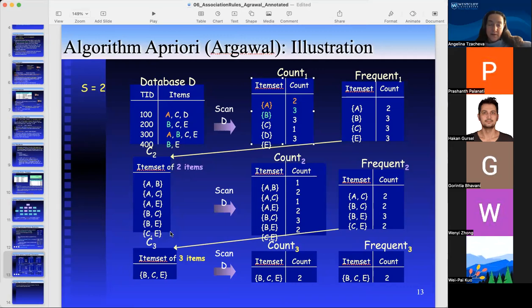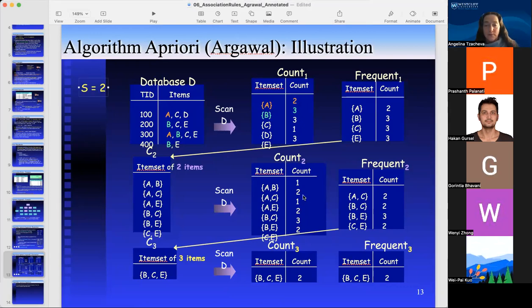The same thing: we look for the frequent patterns here. How many times did A and B occur together? 1 time. How about A and C? 2 times. How about A and E? 1 time. So write it down: the minimum threshold is 2.